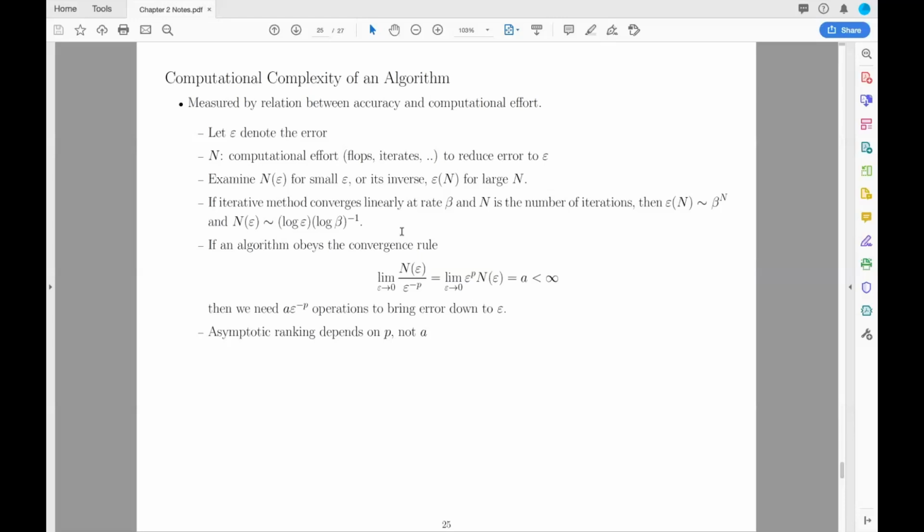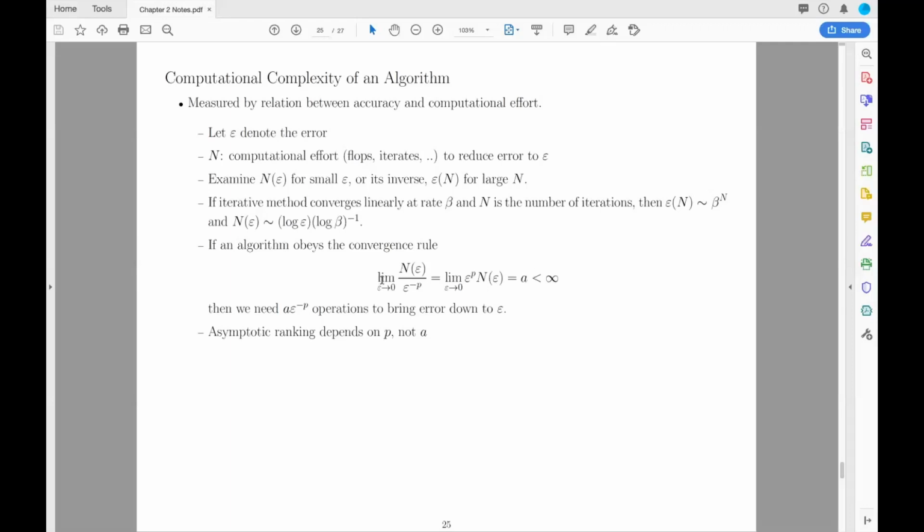Now, I find a lot of this discussion to be of little use. Why have a method that converges more rapidly than others? If you look carefully at what they're asserting, remember, everything here, these limits, these are all asymptotics.